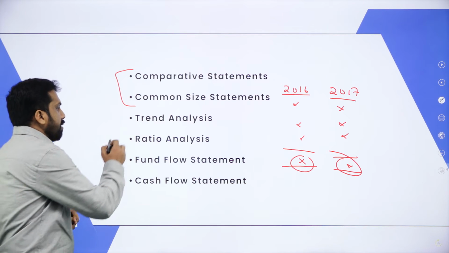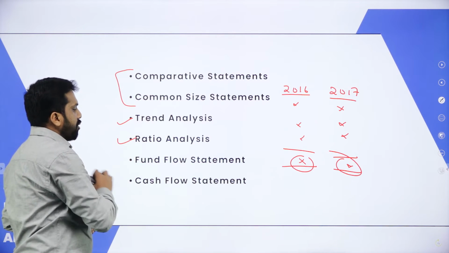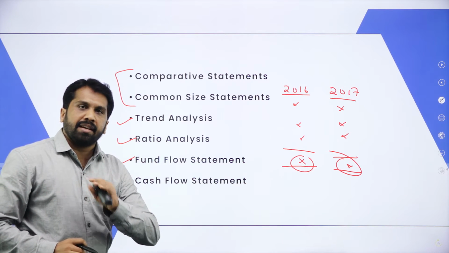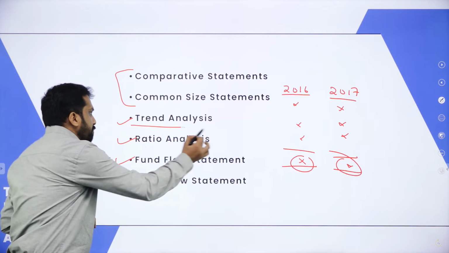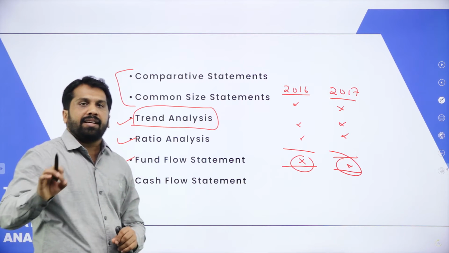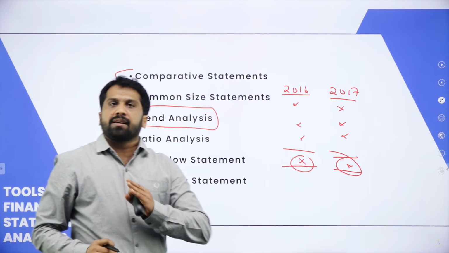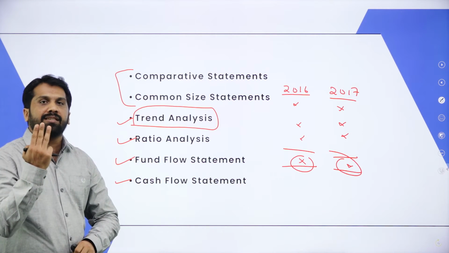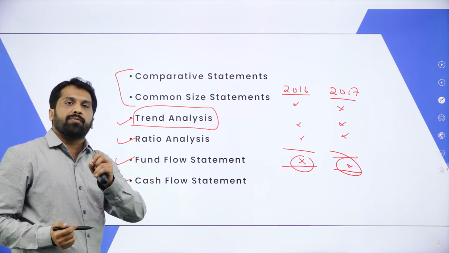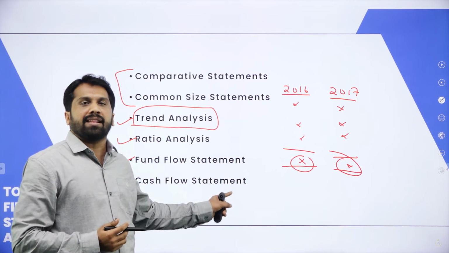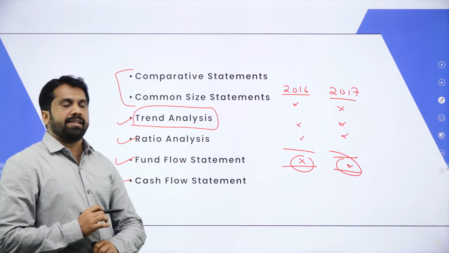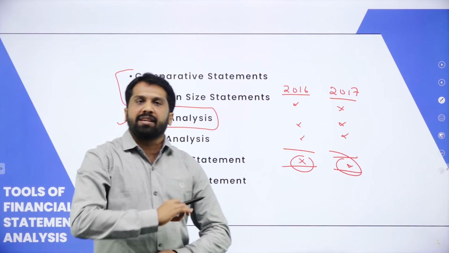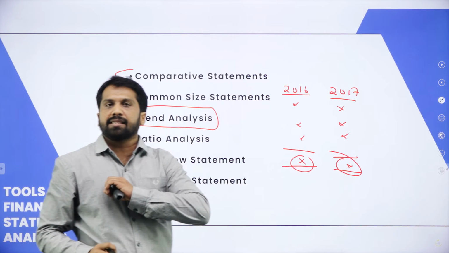Now, trend percentage, ratio, fund flow and cash flow statement. Trend percentage you will not get in your examination, but trend percentage means we always go with 3 years comparison. Minimum we need 3 years to calculate trend percentage. Ratio analysis we already completed in your first classes.